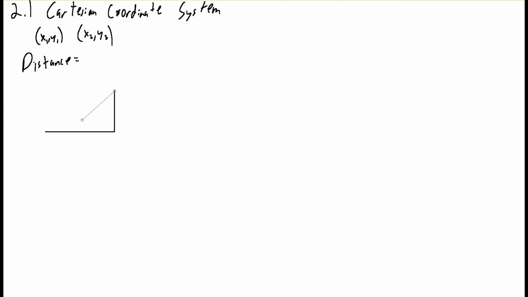And come back to the original point. There we go. All right, so on one end I have x1, y1, and on the other end I have x2, y2. And I would like to know the length of this line.